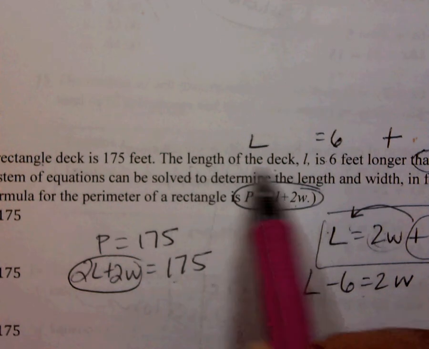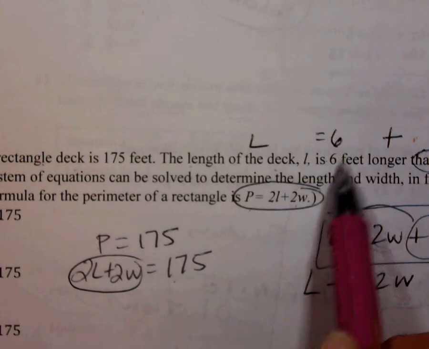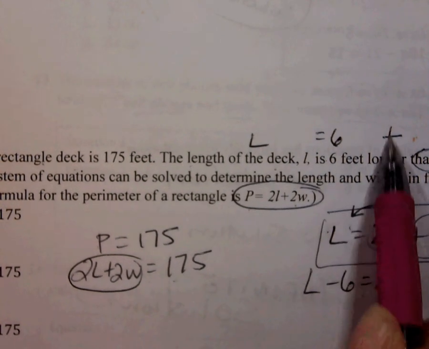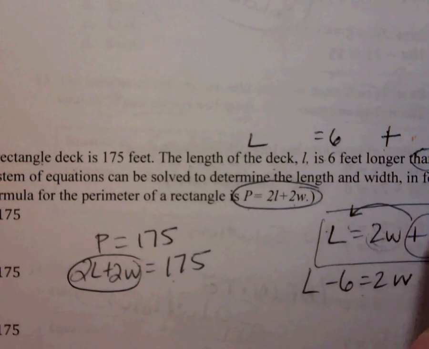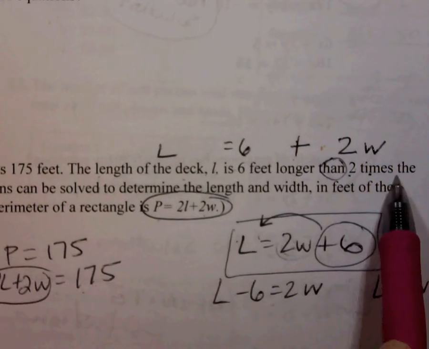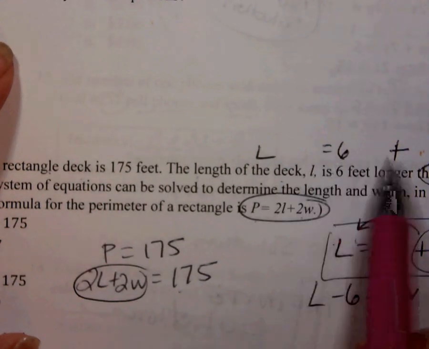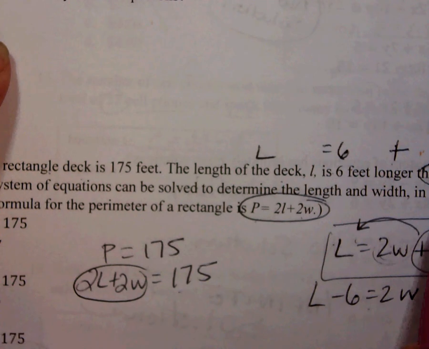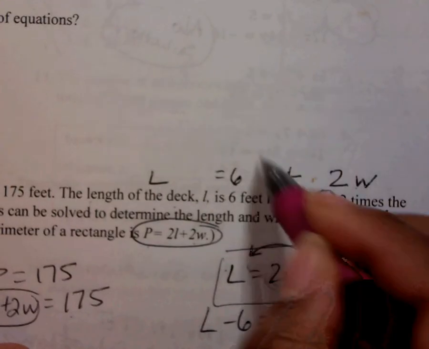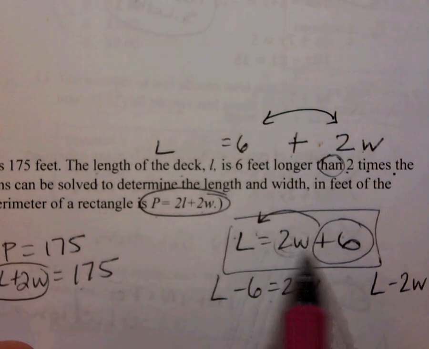Now we read the next one. The next sentence says the length of the deck, L, equals 6 feet longer, so plus, 2 times the width. So that means L is 6 plus 2W. Now, because of the word than, I switch the order of those two, and I'm left with L equals 2W plus 6.